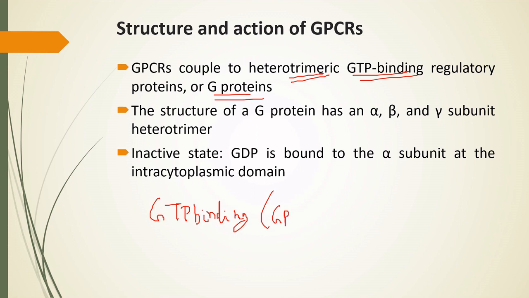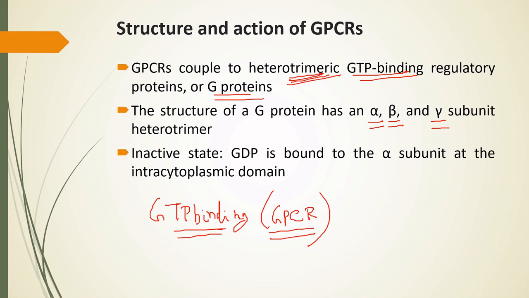And since it couples with that, it is known as a coupling receptor. So the entire name of G protein coupled receptor comes from the name of the regulatory protein. Second thing to note is that it is heterotrimeric in nature. Why heterotrimeric? Because it has 3 different subunits: alpha, beta and gamma subunit.